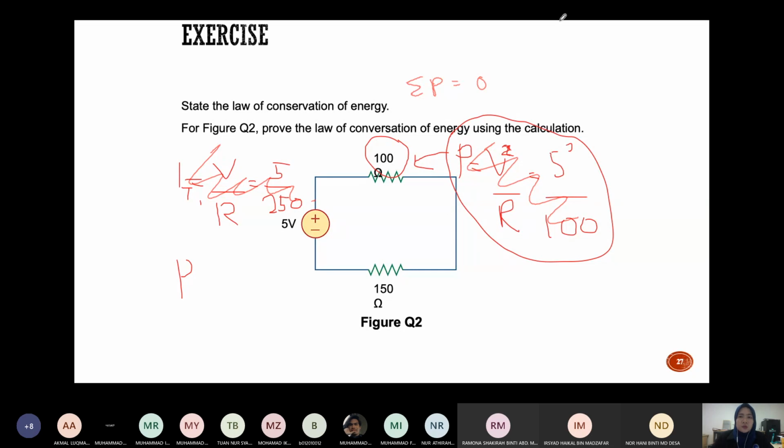So we must make sure that P supply equals P absorb. Then only can you get the sum of P equals 0. So remember, resistor: active or passive element?